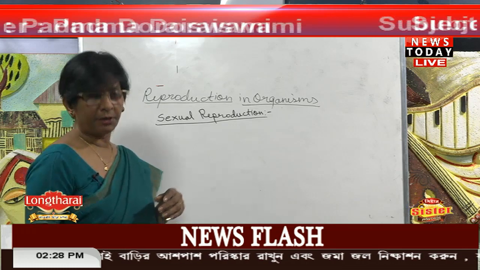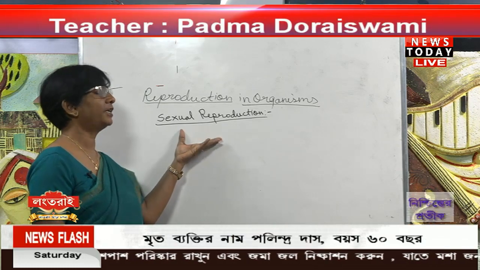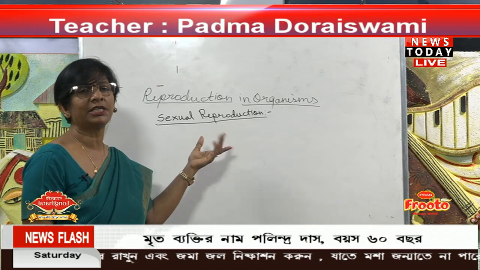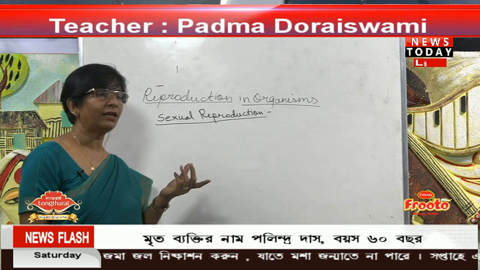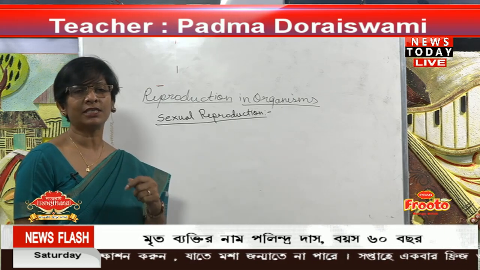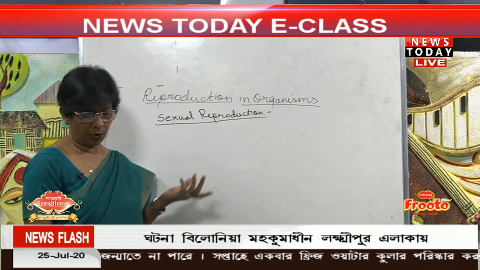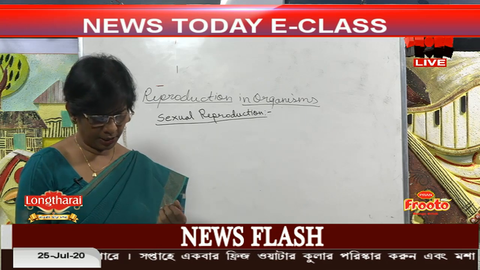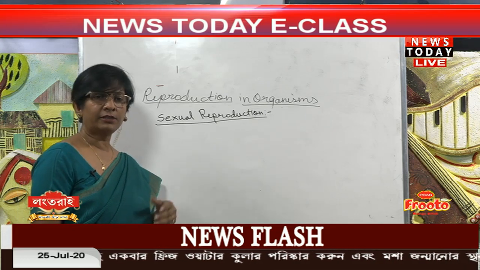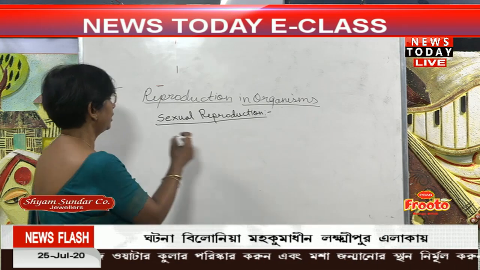Sexual reproduction is the process in which gamete formation takes place, and through that gamete fusion takes place, and after that the new baby is born. That we call sexual reproduction. Now there are also two types of sexual reproduction.